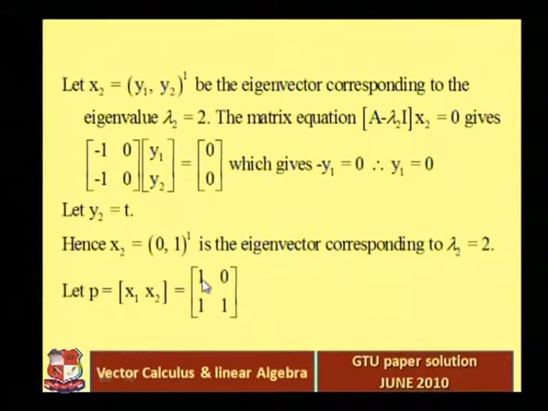So you just have to put the eigenvectors as column vectors: first column is the eigenvector for lambda equal to 1, and second column is the eigenvector for lambda equal to 2.